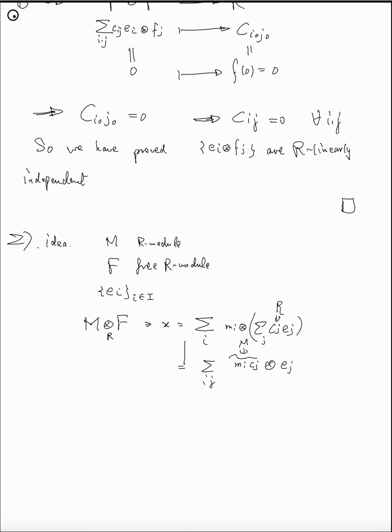So basically an element could be written in the form of some m_i, and then, wait. Let's just keep one index. Let me write it this way. Here is i, but I move this j outside, so it's kind of like this. For fixed i, there is j.